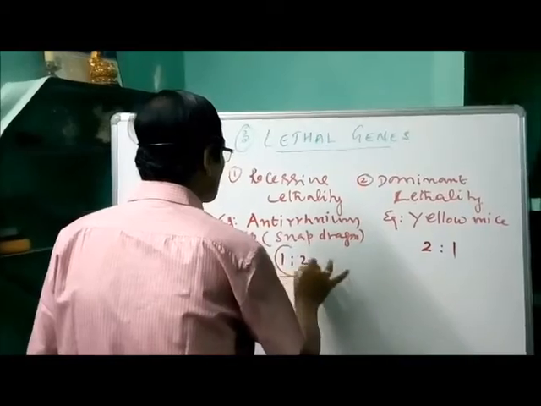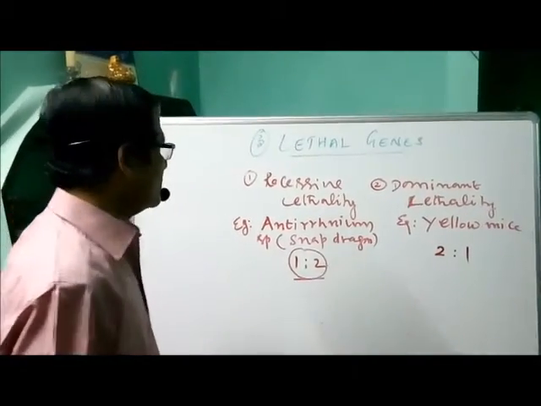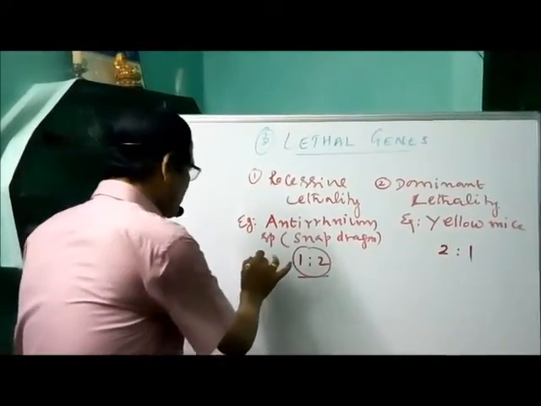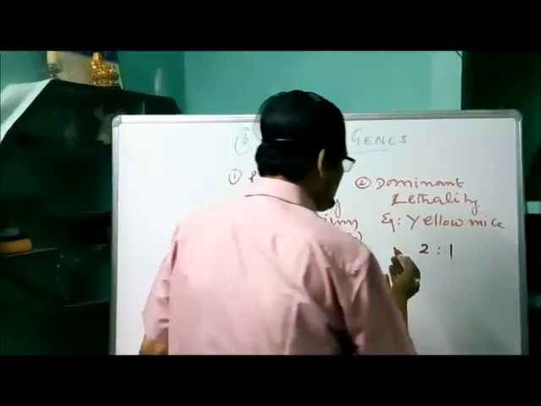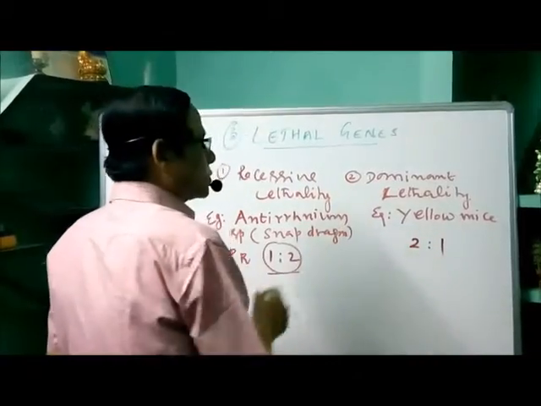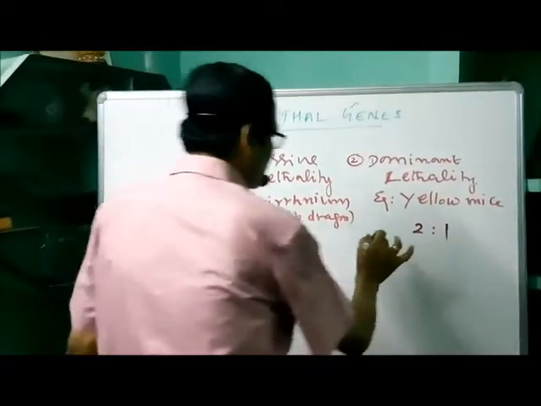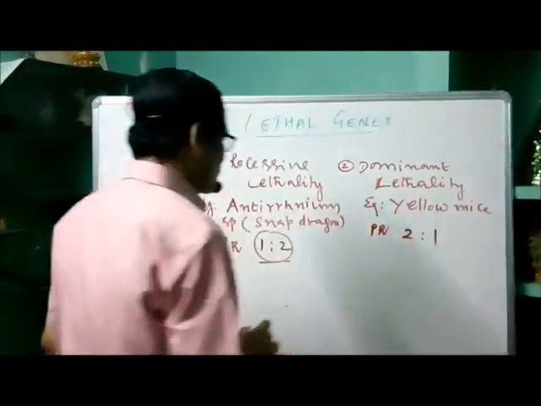In the case of recessive lethality, the phenotypic ratio is 1:2. In the case of dominant lethality, or yellow mice, the phenotypic ratio is 2:1.